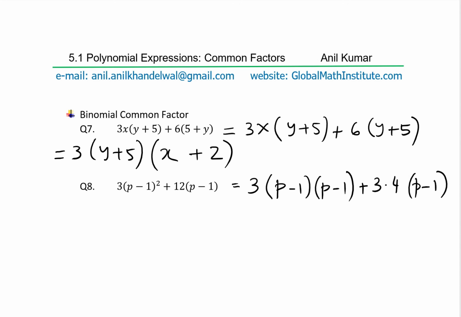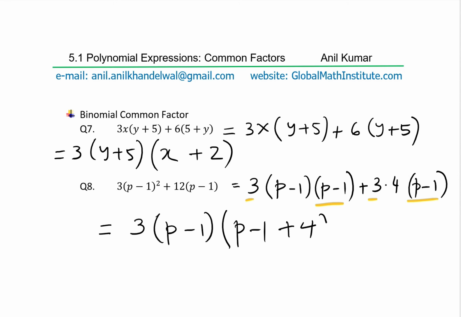So I made it absolutely clear. Now you can clearly see what the greatest common factor is. p minus 1, of course, is a common factor, and also 3 is a common factor. And therefore, we are going to take 3 times p minus 1 as the greatest common factor. We are left with p minus 1 in the first term and plus 4 in the second term.